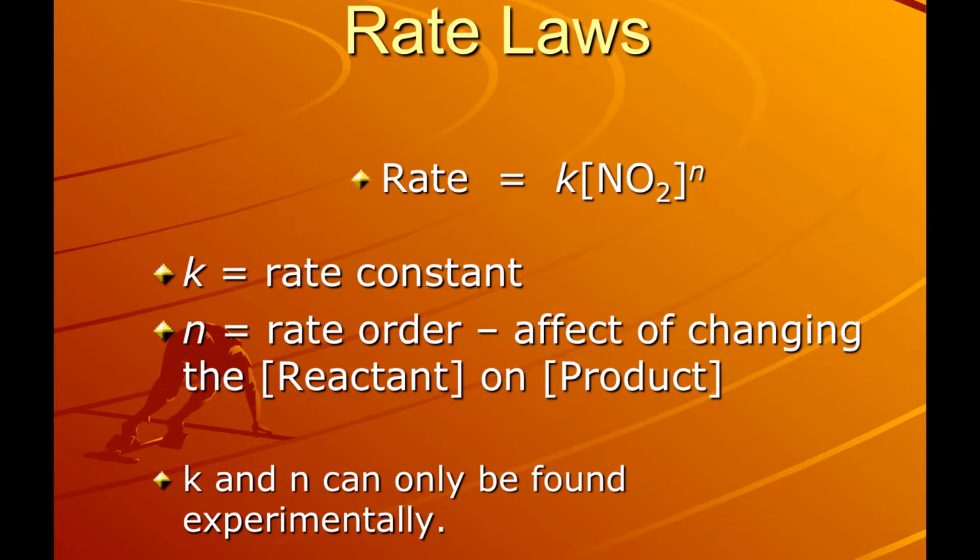And it's always raised to some power. Now that power could be 0, could be 1, could be 2. In the real world, it could be 1.3 or 1.4, 2.7. But we can only find that exponent experimentally, and we can only find the rate constant experimentally.